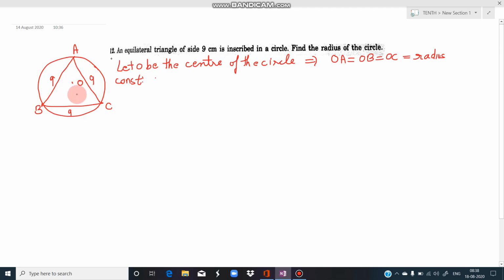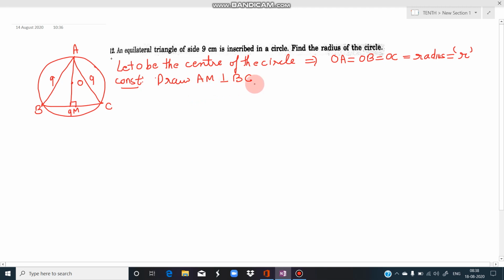A line from the center to the circle is called a radius, and let us give it a name as R. Then we do a construction, that is, we draw AM perpendicular to BC. We have drawn AM perpendicular to BC. So now we're going to show that this line AM will pass through the center.